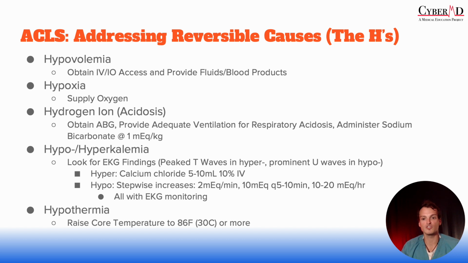That can help you ensure that the patient has adequate ventilation if it's respiratory, or it can help you identify any other kind of metabolic acidosis that you can reverse, maybe by giving them bicarbonate. And so that can help you reverse acidosis and reverse cardiac arrest in those patients.